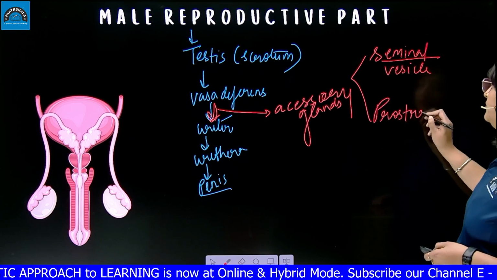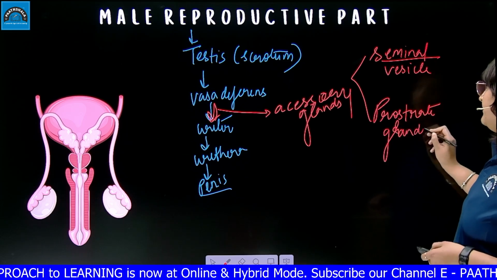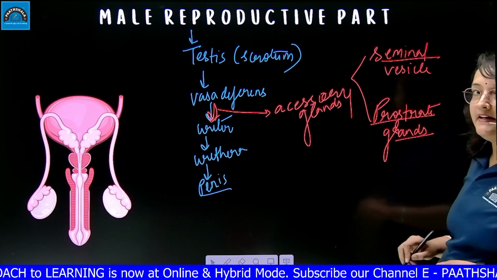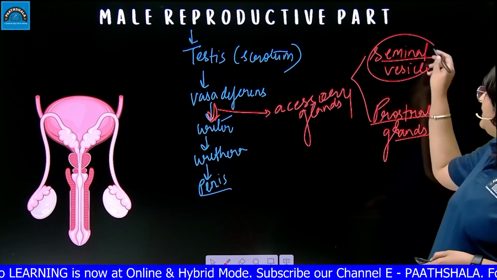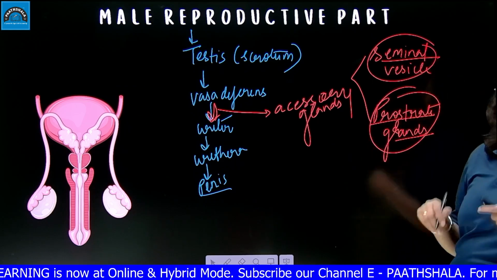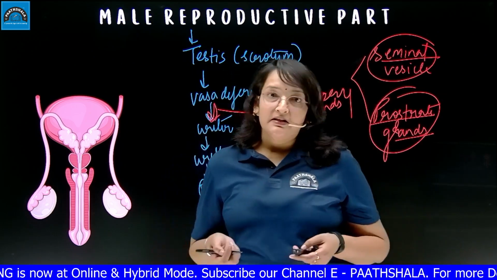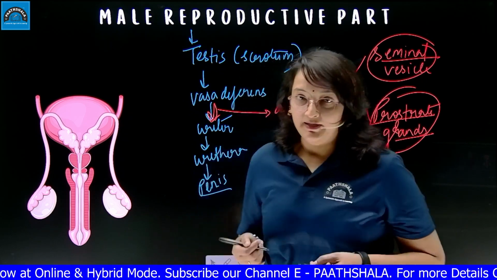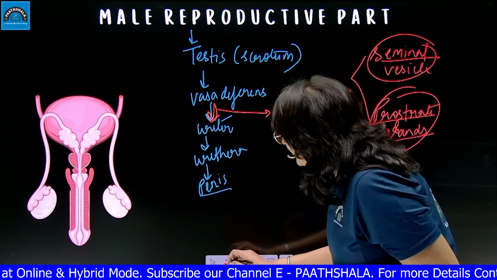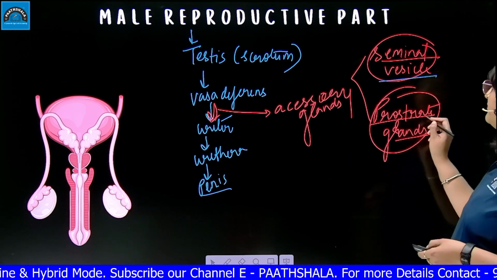These are the two male glands which are present before the vasa deferens opens into ureter. What is the role of this seminal vesicle and prostate gland? They help in making the fluid in which sperm will be moving. So formation of semen is the main function of these two glands, seminal vesicle and prostate gland.